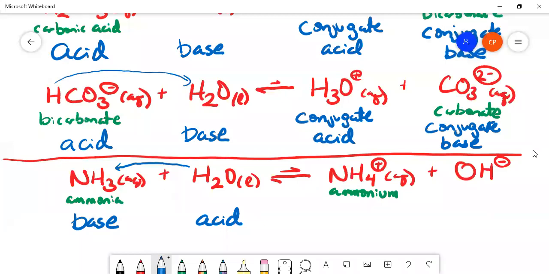Go back to the ammonia example. In the ammonia example, water acts as the acid. Water's giving up the hydrogen ion. What is water's conjugate base? What's resulting once water's given up its hydrogen ion?